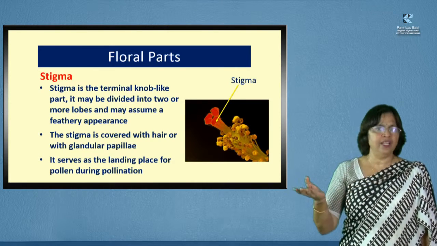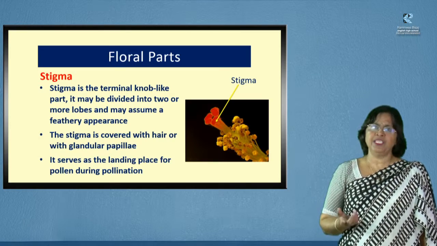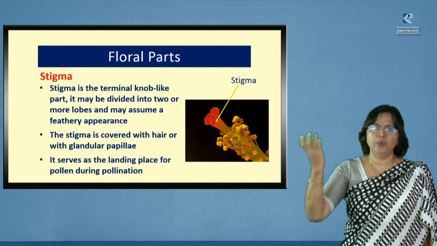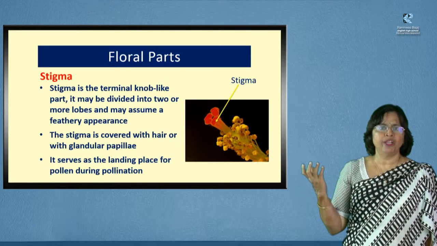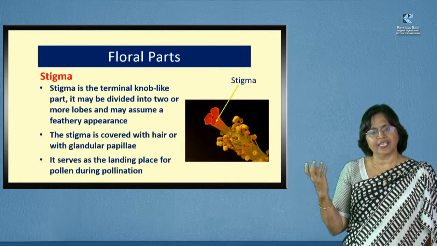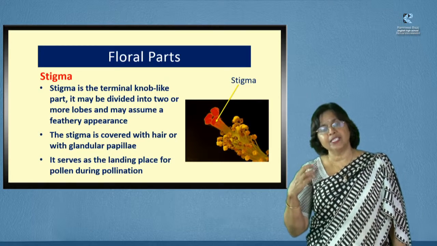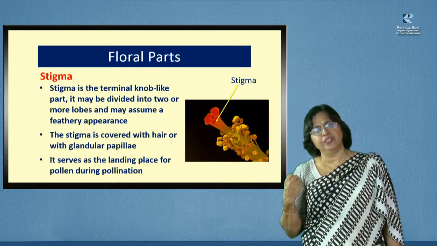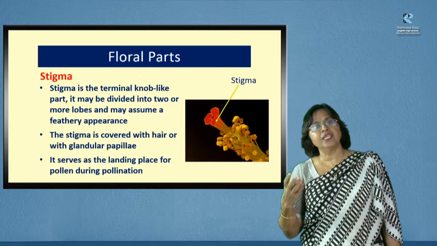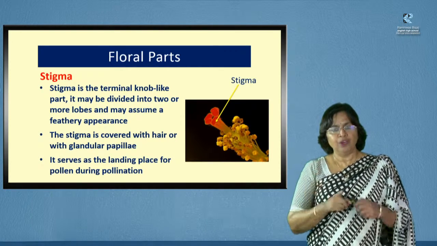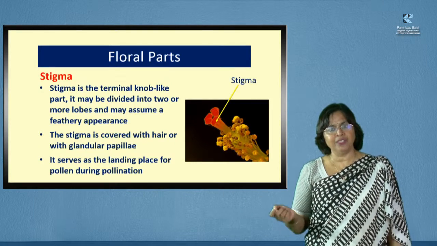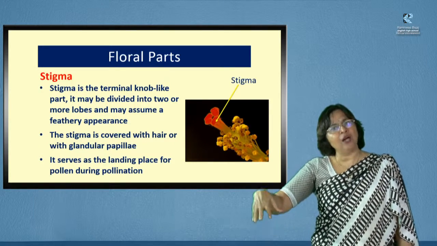If it is a wind pollinated flower, it will still be a landing place for the pollen grain passing through in the wind, or if it is an insect pollinated flower, it will pick up the pollen grain from the passing insect. In some cases, particularly in wind pollinated flowers, the stigma may even have a shape like that of a feather. Now a feather has many hairs coming out of it, so it hangs outside the flower.